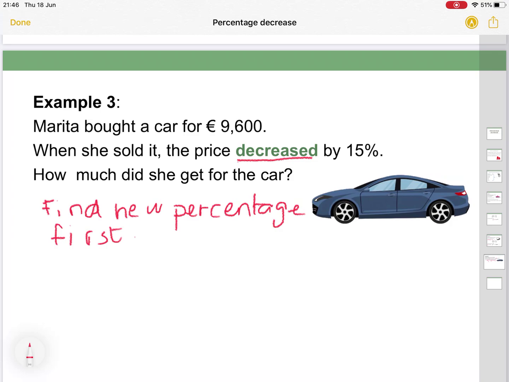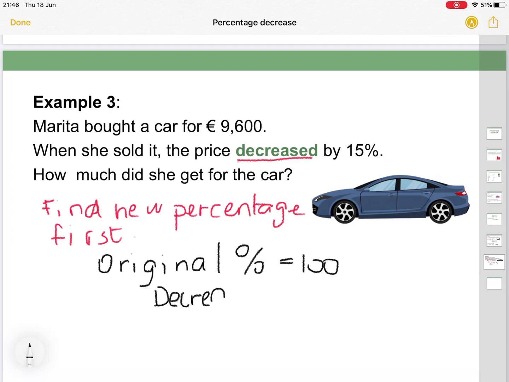So we start with the original percentage, which is always 100%. The decrease in percentage as well is 15%.